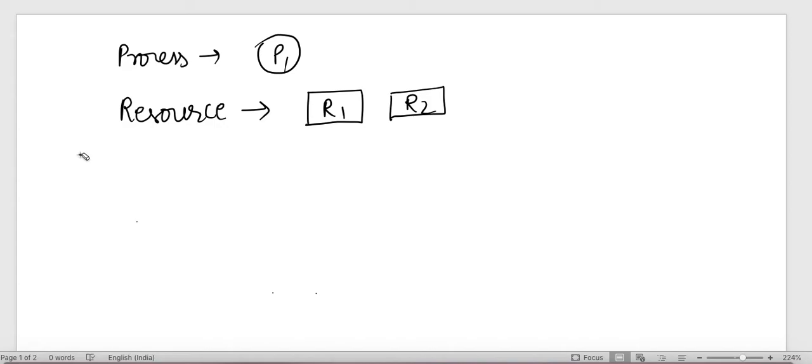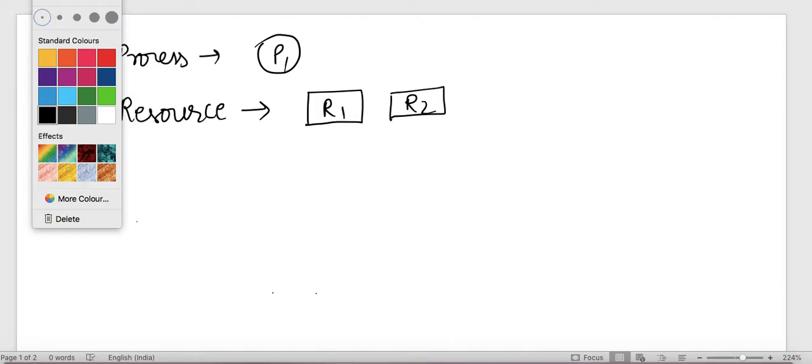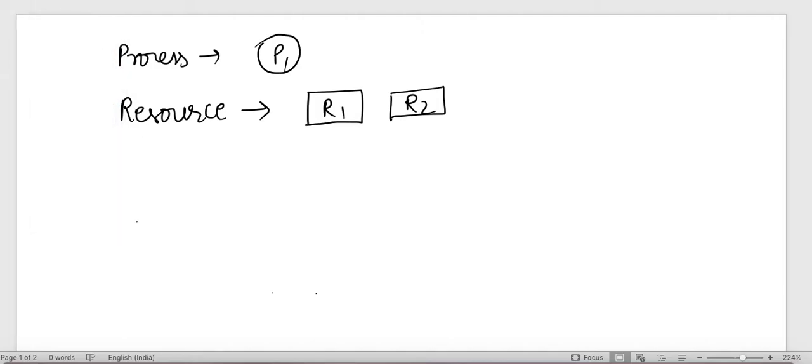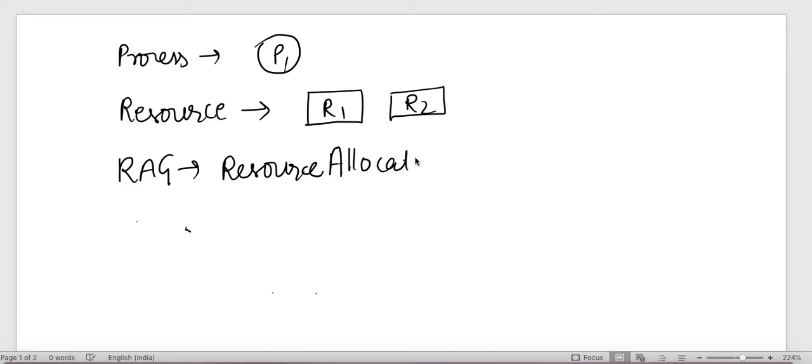So the resource request and resource allocation can be shown with the help of RAG, that is the resource allocation graph.